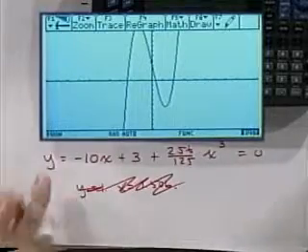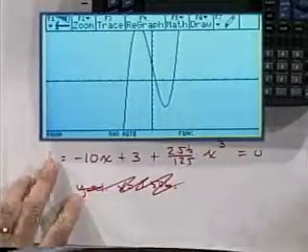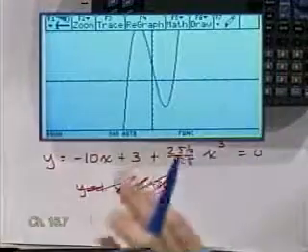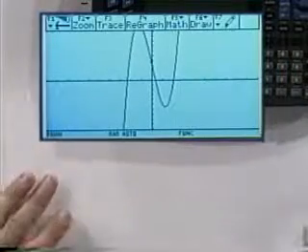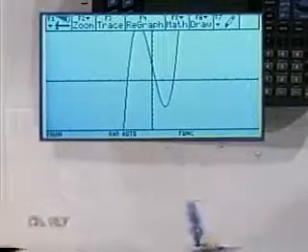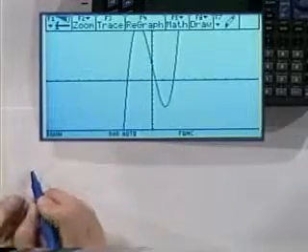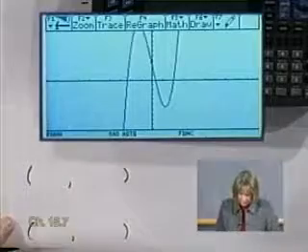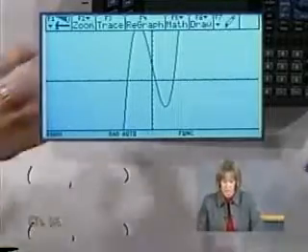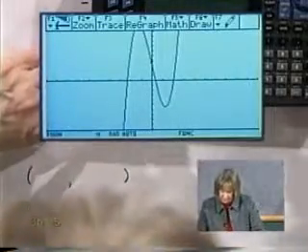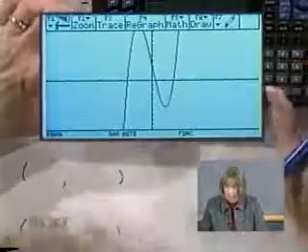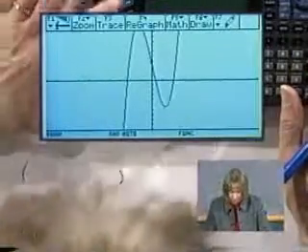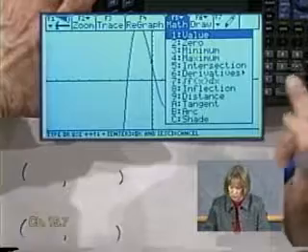Notice there are 3 solutions. So we're going to find what those are. We're solving for x, and they want us to get it to 3 decimals. I'm going to hit F5 on this calculator, which is math, and option 2 is 0.